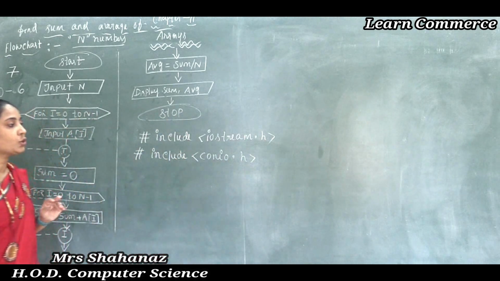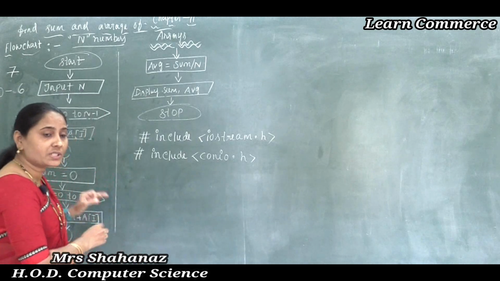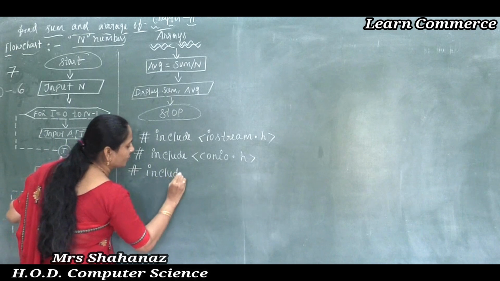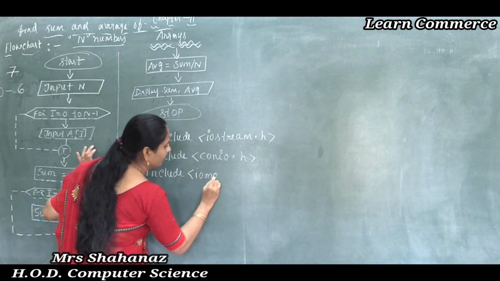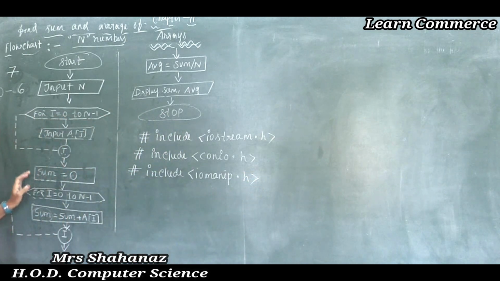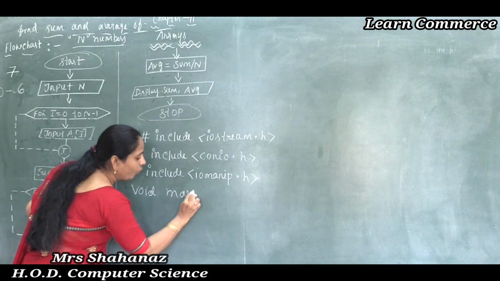And maybe if you want to display the values one after another, then we need the header file iomanip.h.